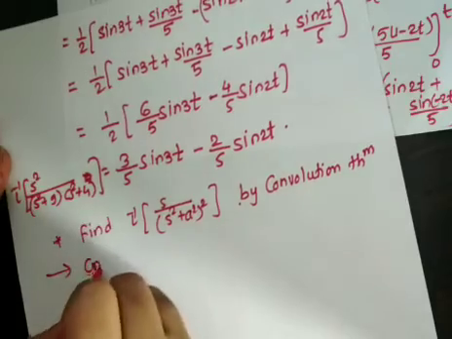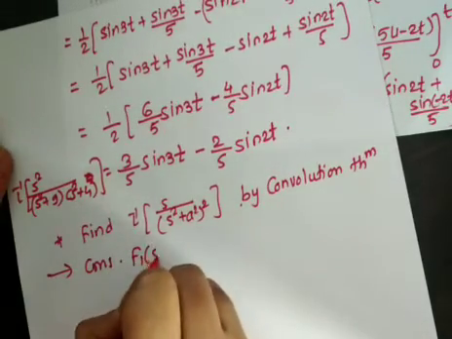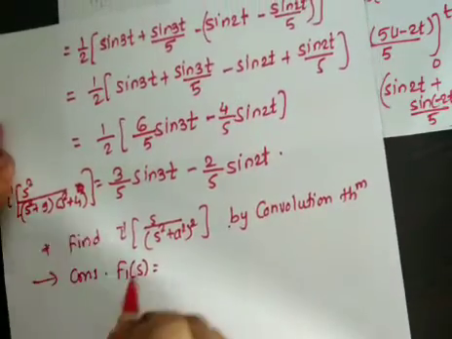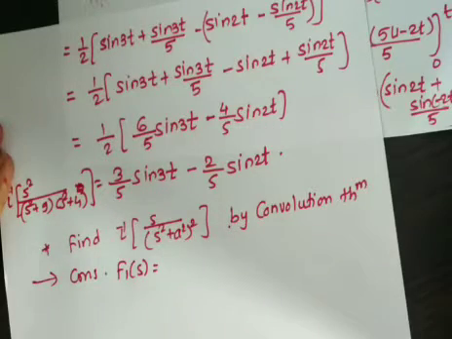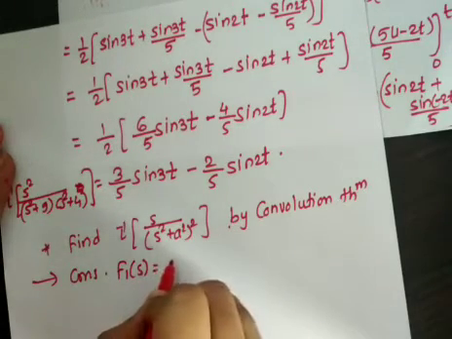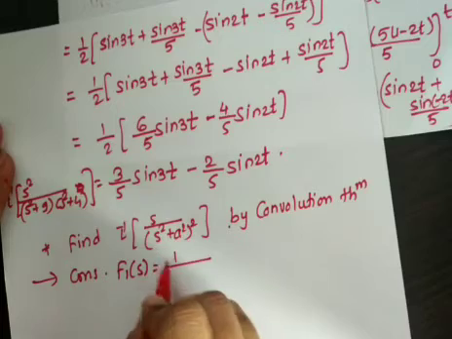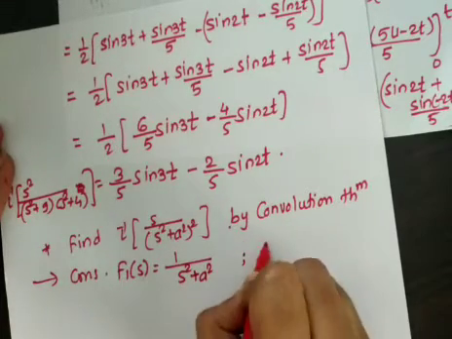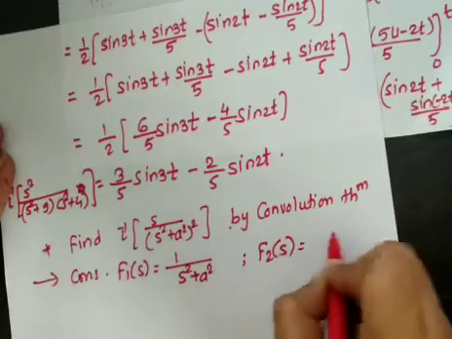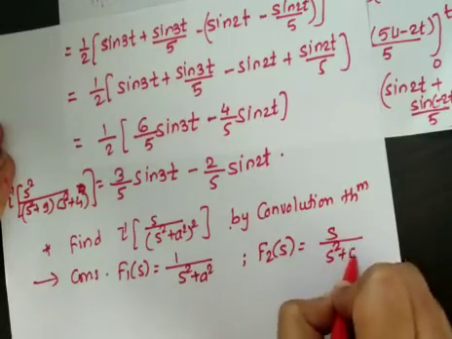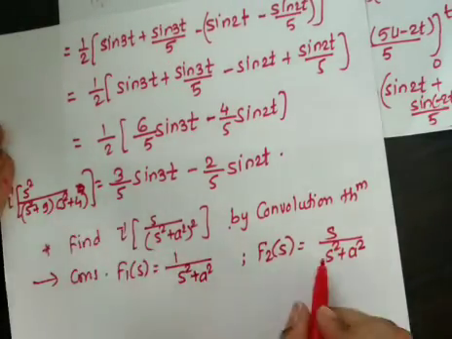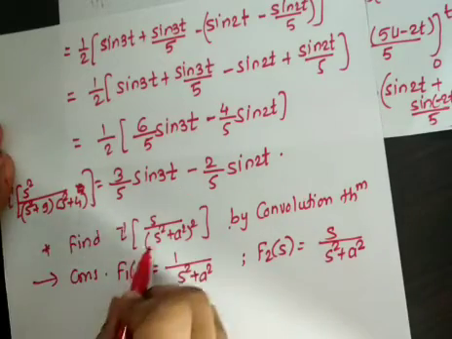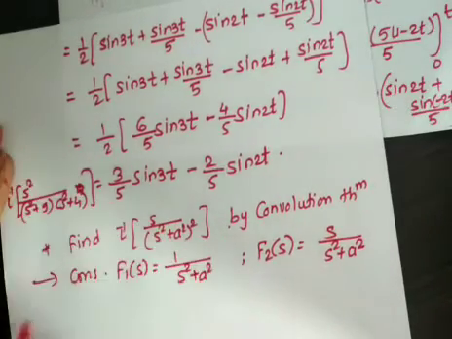So consider f1(s): as there is only s in the numerator, it will go to only one function, and this is squared, so f1(s) is 1 upon s square plus a square, and the second function f2(s) is s upon s square plus a square. So the multiplication of the two will be the function.